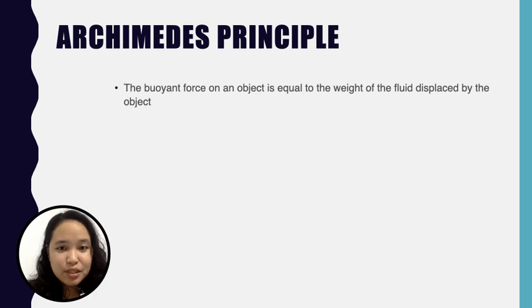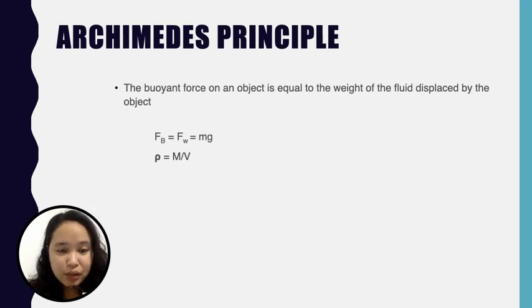Archimedes principle states that the buoyant force on an object is equal to the weight of the fluid displaced by the object. Weight is just your mass times the gravity.